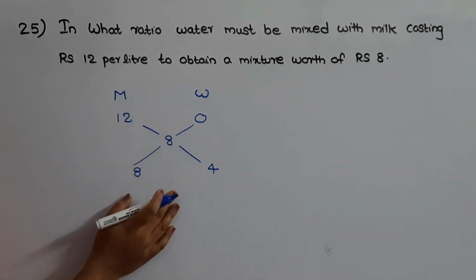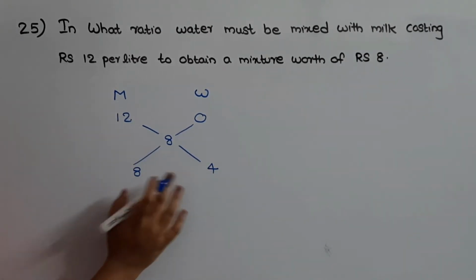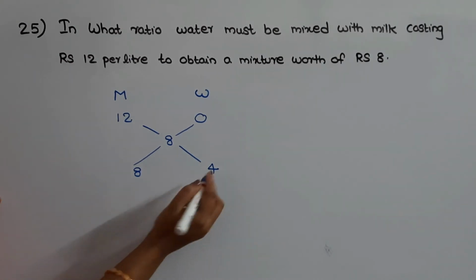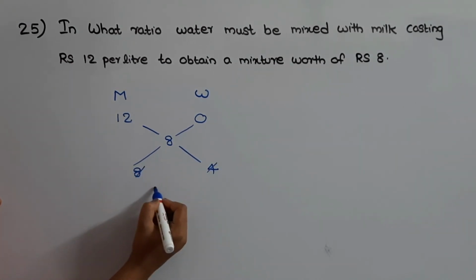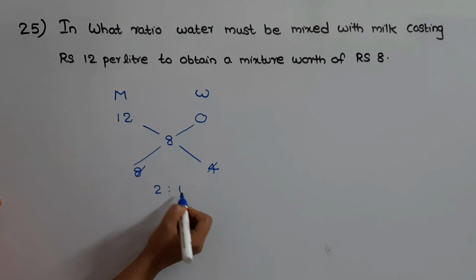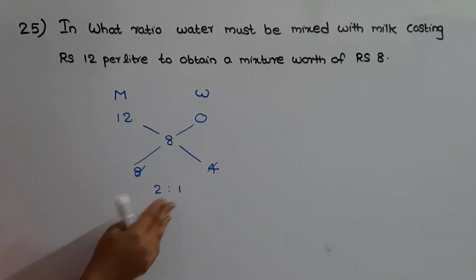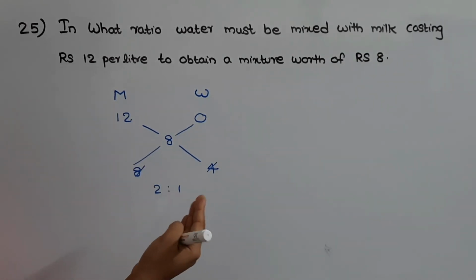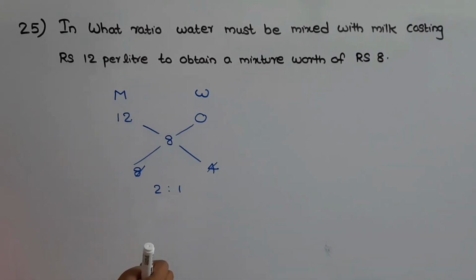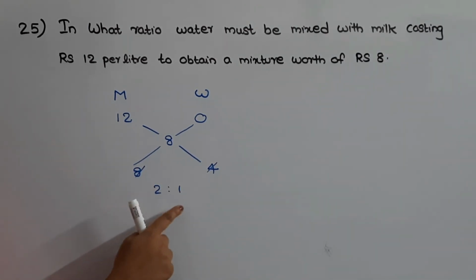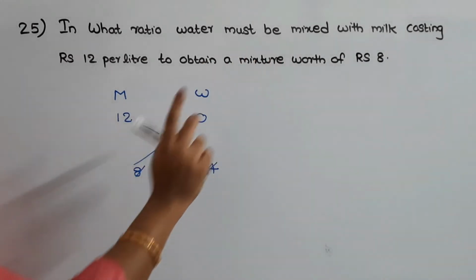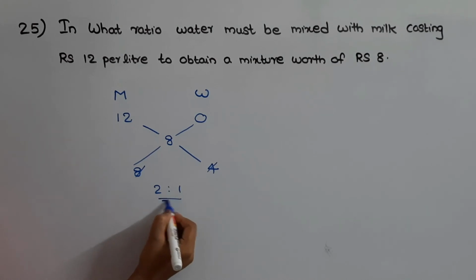You need to do the subtraction in such a way that you get a positive ratio. Now the ratio will be 2:1. So this is the cost ratio, and this cost ratio is directly proportional to the quantity ratio. As quantity increases, cost also increases. So this is the quantity ratio by which milk and water is to be mixed, so that the mixture costs rupees 8. So this is the answer.